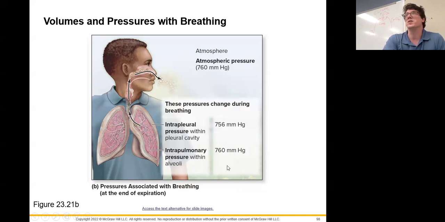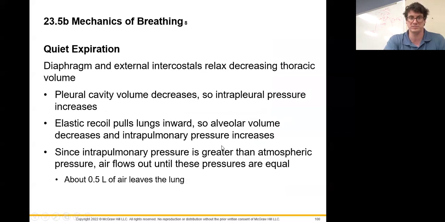In normal quiet breathing, we're only decreasing our pressure by 4 millimeters mercury to get to our half-liter change. 4 out of 760. It's not very much. Okay. In order to generate this amount of difference, when we have less pressure outside, we have to try a little bit harder.